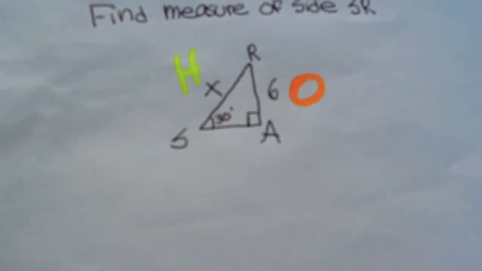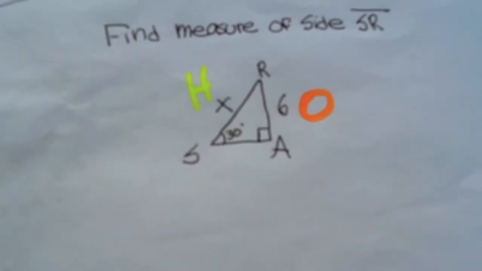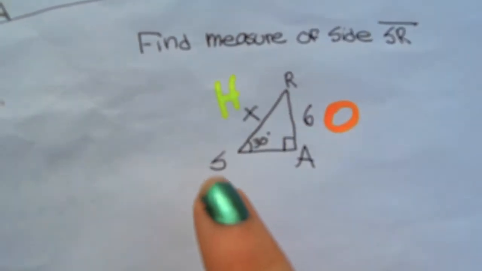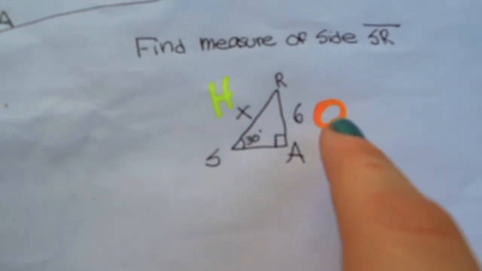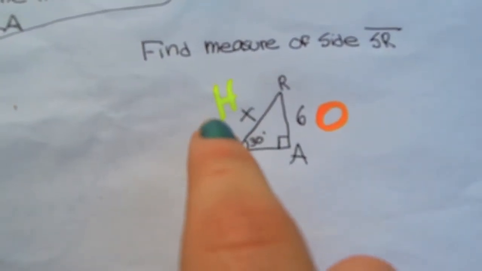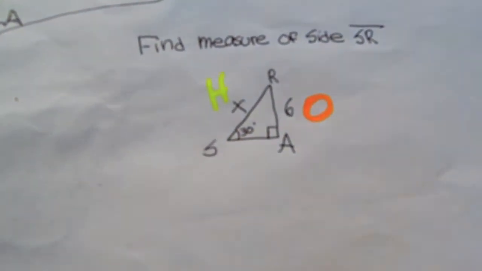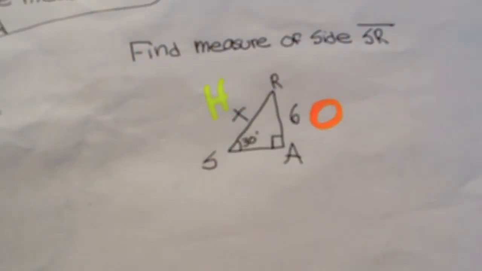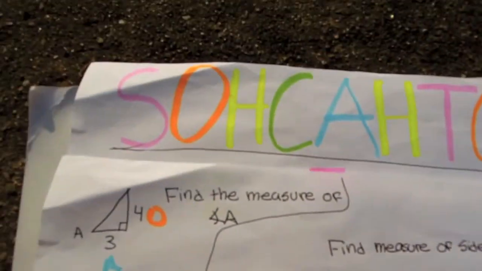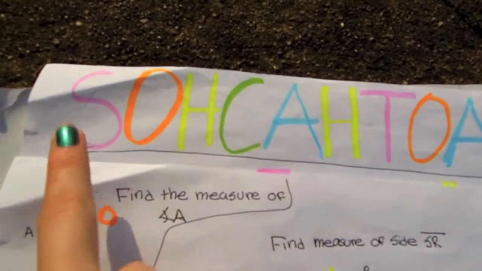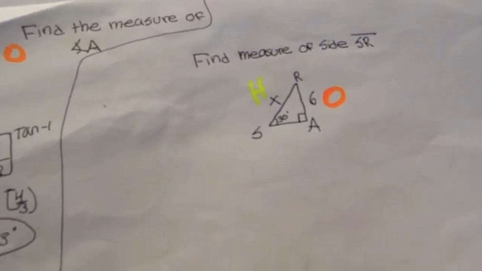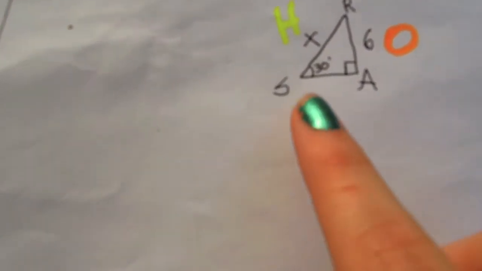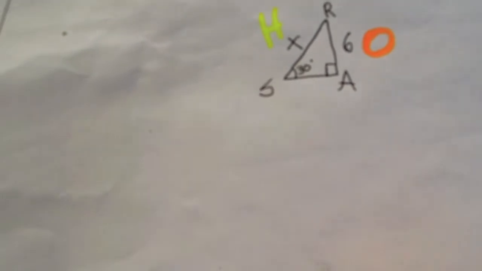Now we're going to figure out how to find the length of a side. Here we're going to find the length of side SR. We're given the opposite and the hypotenuse, which is what we're going to find. Which one has opposite and hypotenuse out of sine, cosine, and tangent? Sine. We're given the angle measure of angle S, which is 30 degrees.